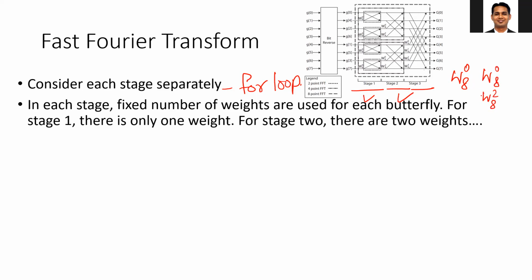In the third stage, we are using W0 of 8, W1 of 8, W2 of 8, and W3 of 8. So you can see that a fixed number of weights is used in each stage. In stage 1, we need only one weight, in stage 2, we need 2 weights. That we need to observe here.